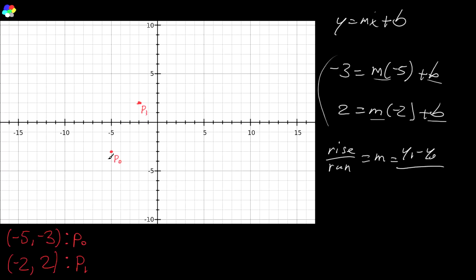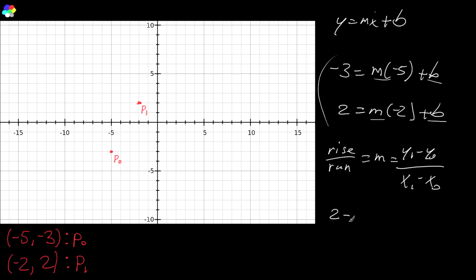And the run is equal to the difference in their x's. So x1 minus x0. And you could swap out the order. It doesn't matter the order. You'll get the same result. But we'll do 1 minus 0. So if we calculate that out, what is y1? That's 2.